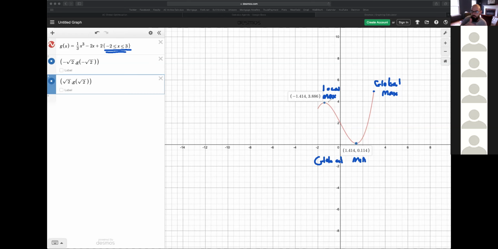Whereas there is nothing to the right of this. So a lot of authors for calculus texts don't want to include that as a local max. My personal preference is that it could be considered a local max, especially with the definition that our textbook author chose, which is anything near it, right? So certainly anything near this point is smaller than it, so it would be considered local.